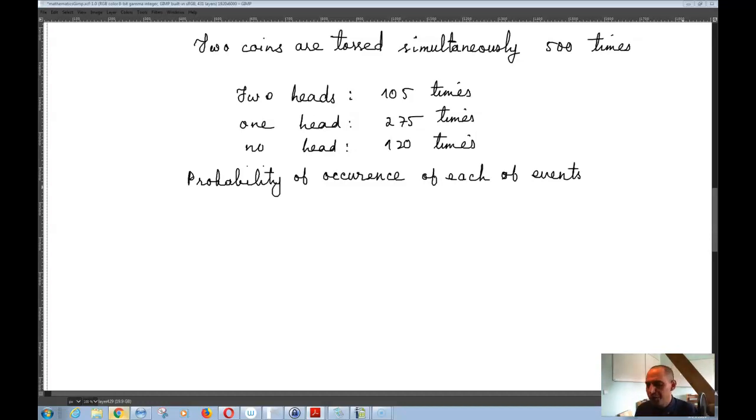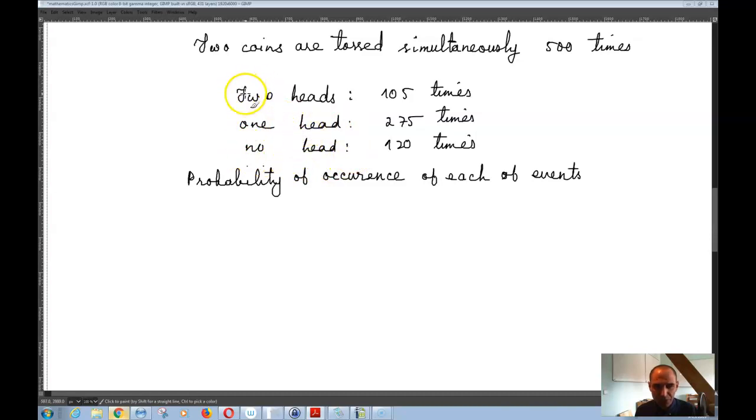And of course, we will define that more precisely. But for now, let's just call this, for example, the event of getting 2 heads, the event of getting 1 head, the event of getting no heads.